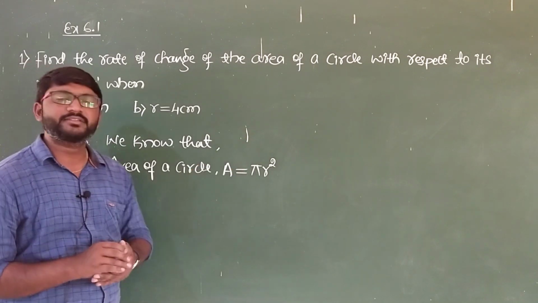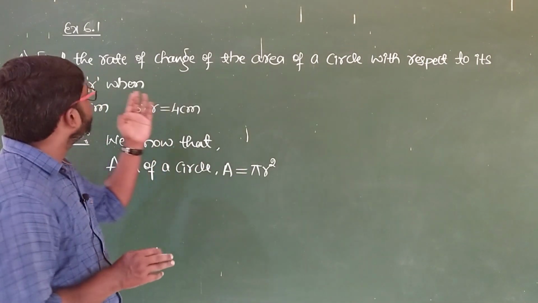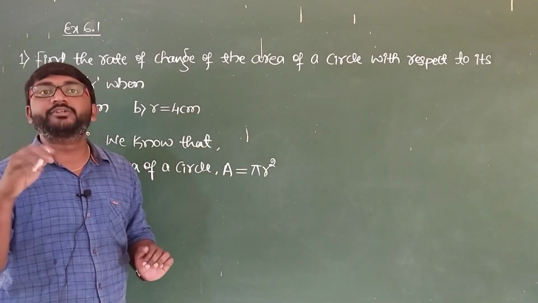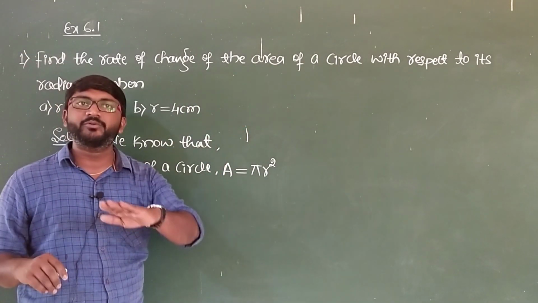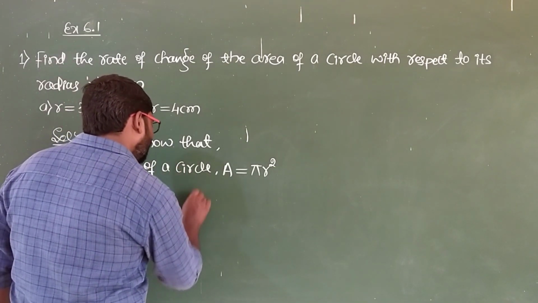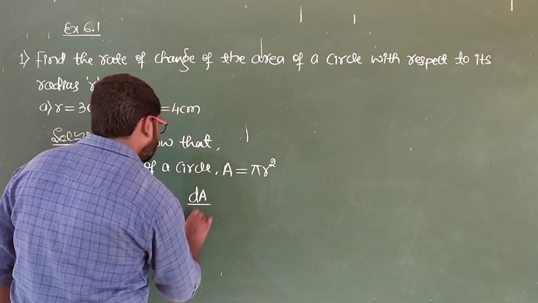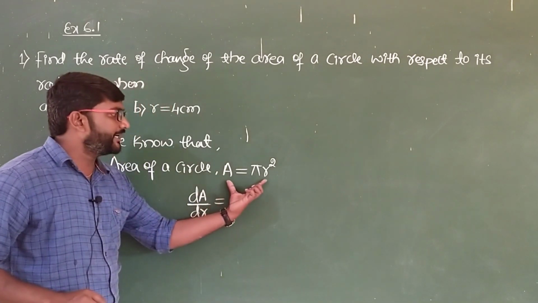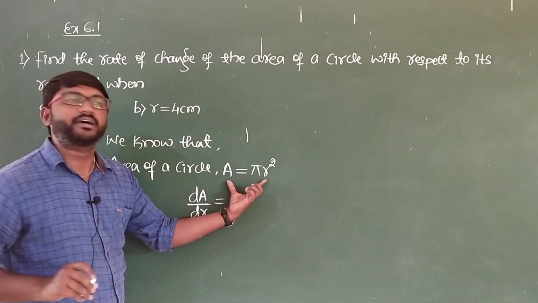So this is the standard known formula, and he says find the rate of change of the area of a circle with respect to its radius. That means we have to go for dA by dr. So here dA by dr is nothing but differentiate both the sides with respect to r.